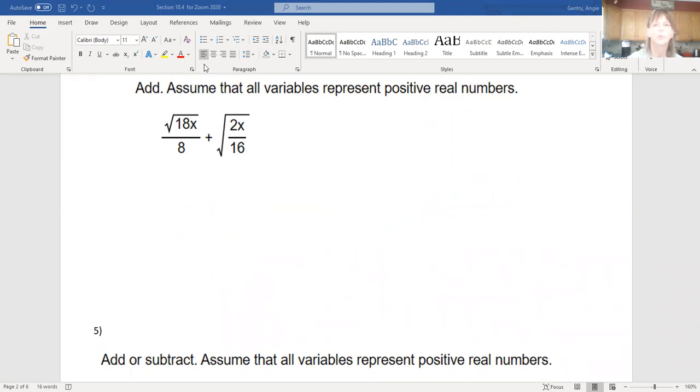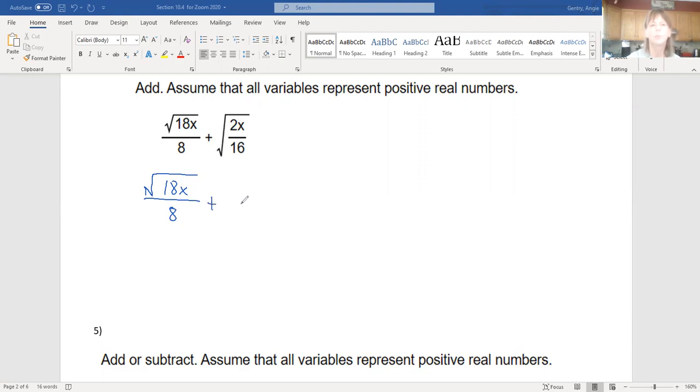Okay, so let's see, I have no clue. I have not looked at this yet. But the first thing I'm going to look at is I'm adding, and I have some radicals involved, and maybe I need to leave that one alone for now. And I need to simplify this one.